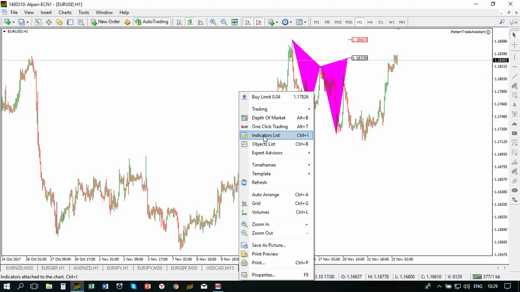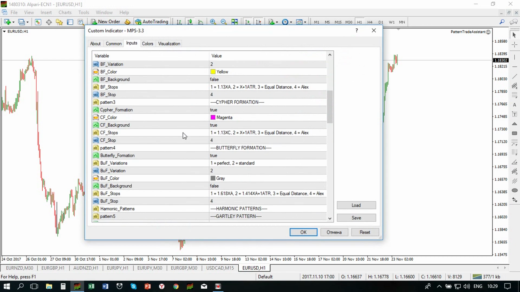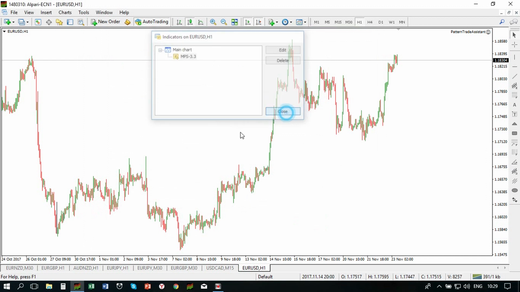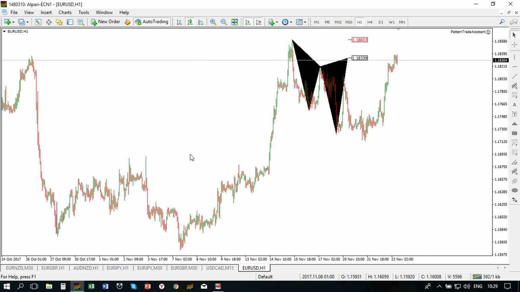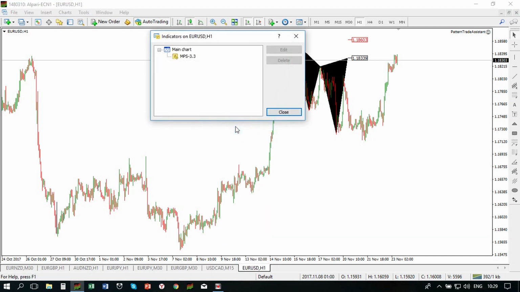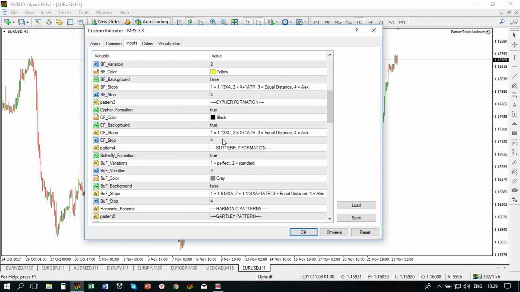Whatever is good for you. Let's go to Cipher's back. We can set the color perfectly. We want it to be black. Wonderful. Black Cipher. Okay, want it to be white? Up to you. Okay. Background false.